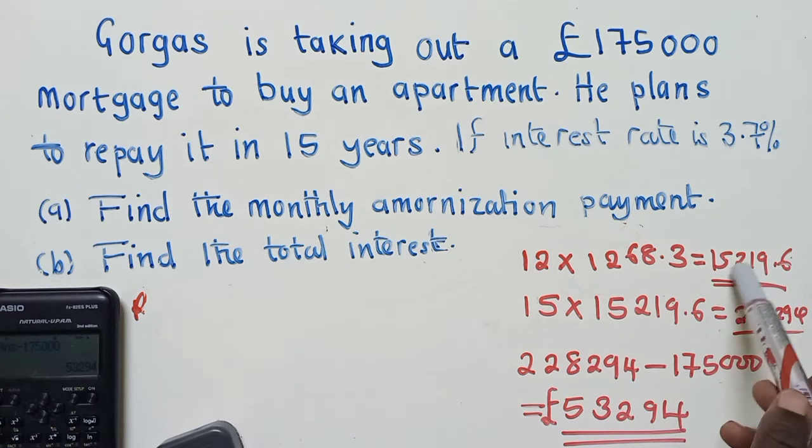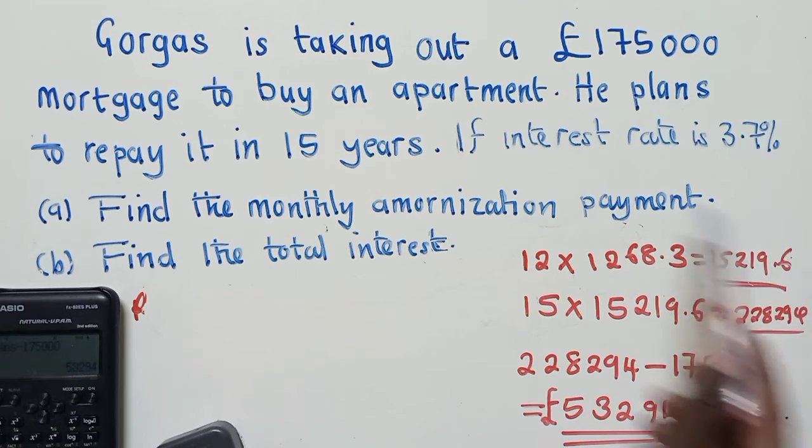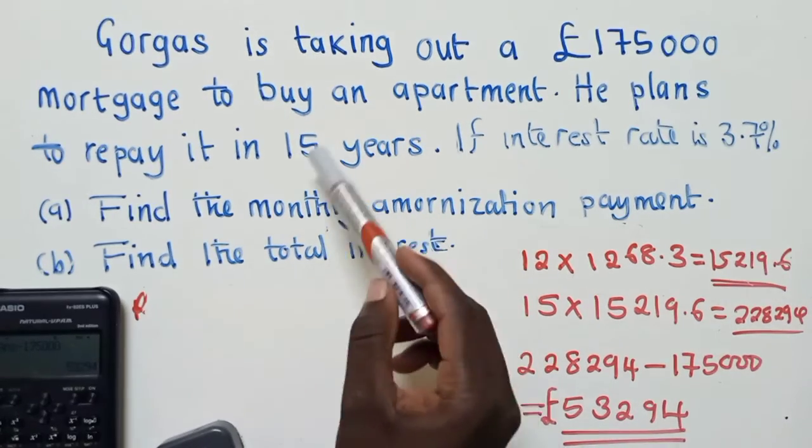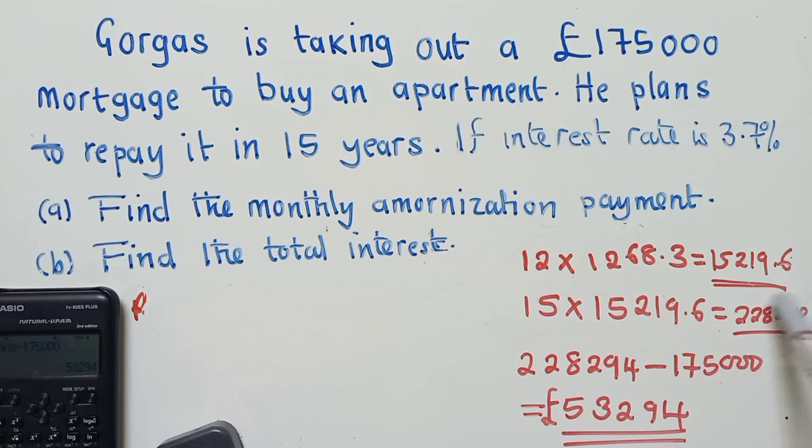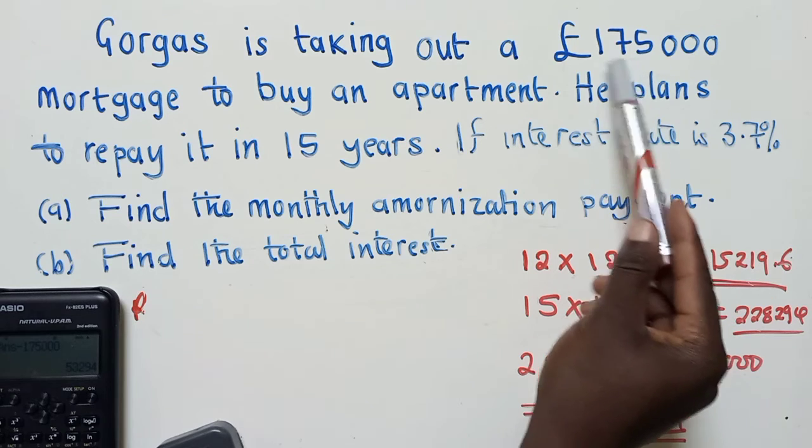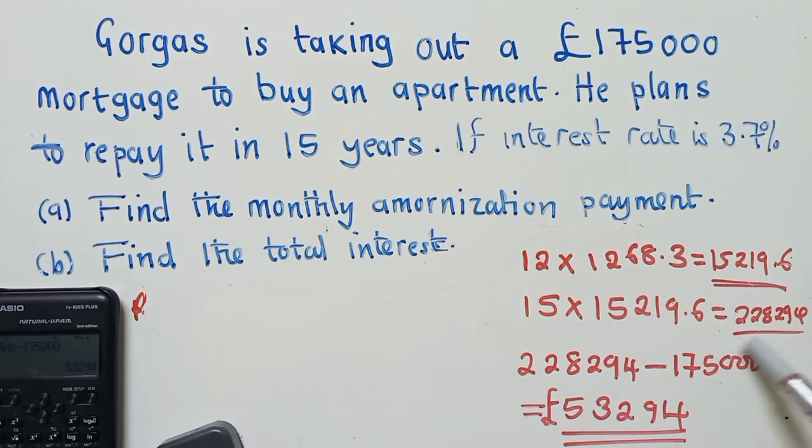When you find the answer, you multiply it by 15 years, and you get this amount here. After getting this amount, you subtract the principal from what you found here, and the answer that you get is the total interest right here.